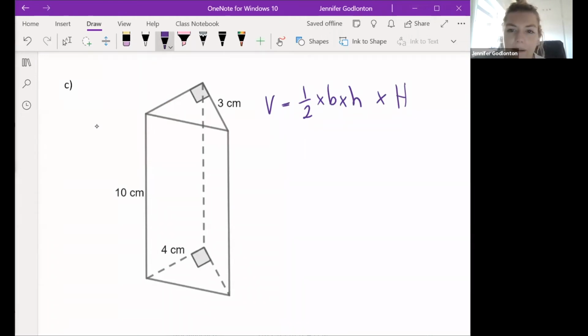So we'll say half times the base, which will be 4 centimeters, and the height will be 3 centimeters, and the extra height will be 10 centimeters. Cool. So what does that equal?